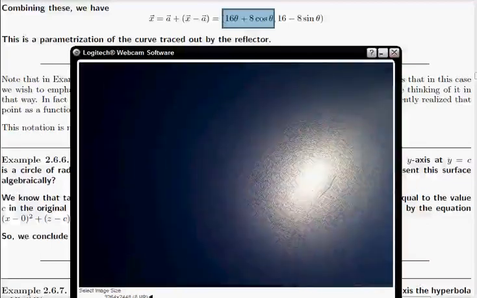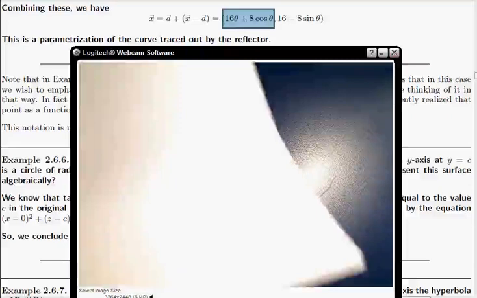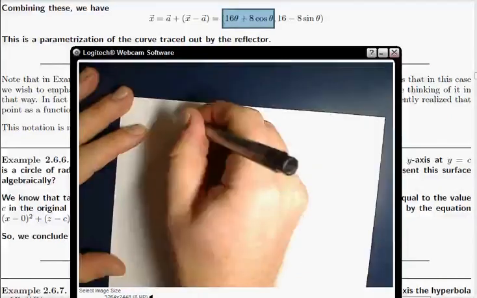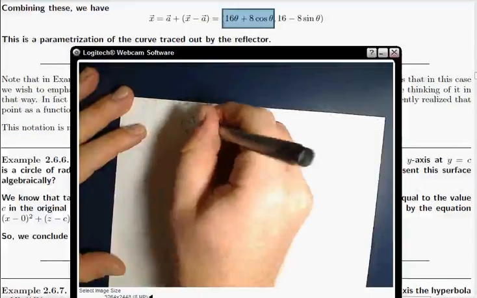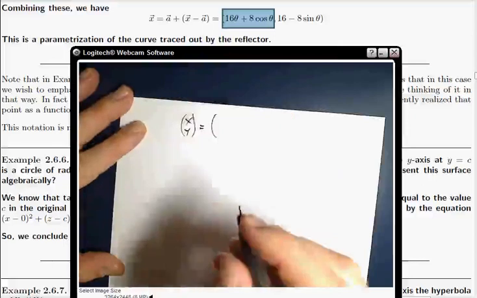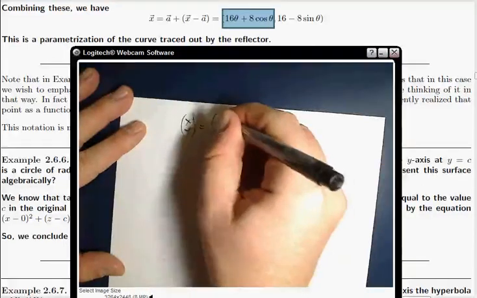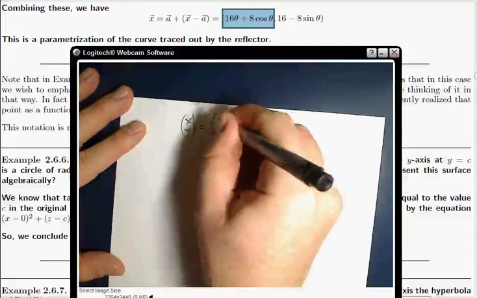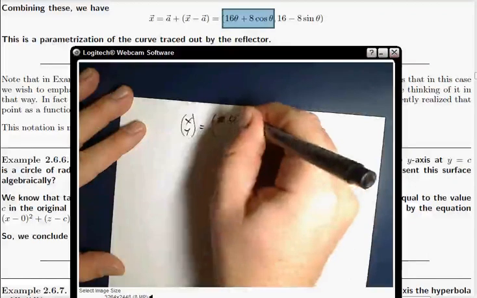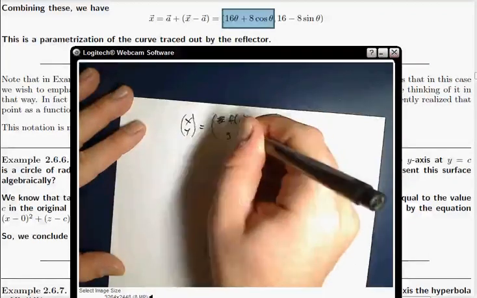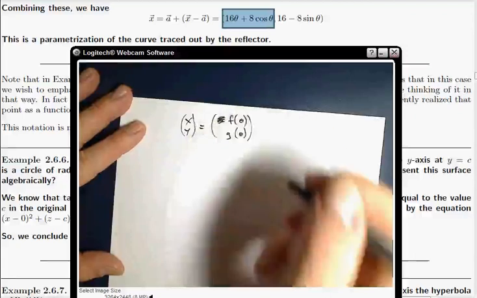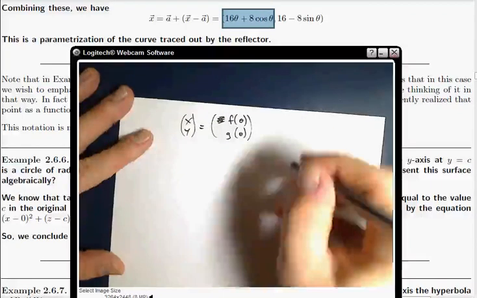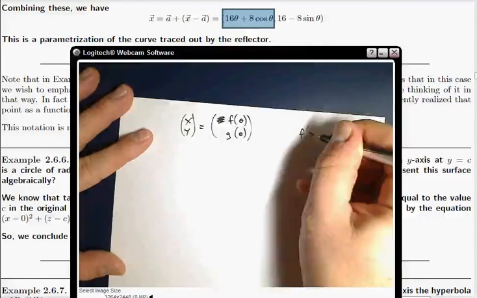Similar kind of thing. So we have that position is, well, I don't want to use the variable name. Let me call this f of theta, g of theta to represent x and y. And I claim that f prime is always positive.